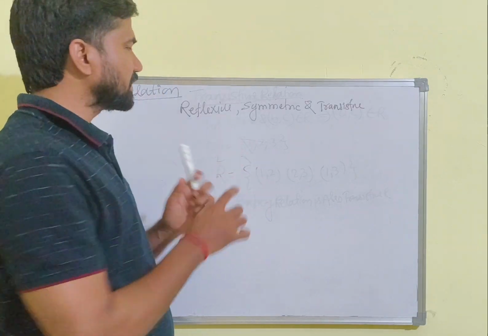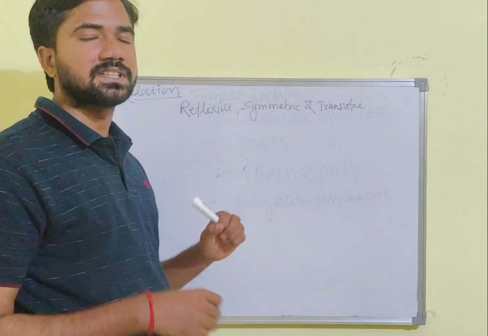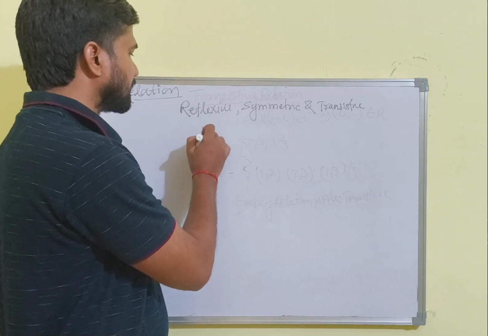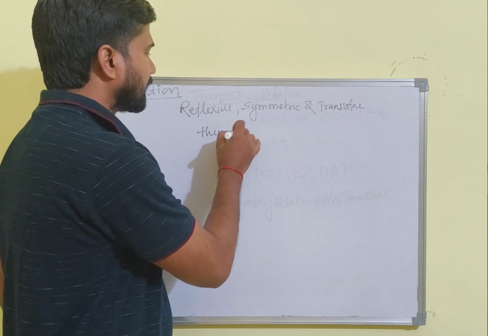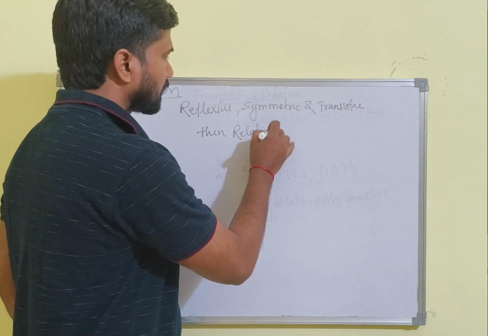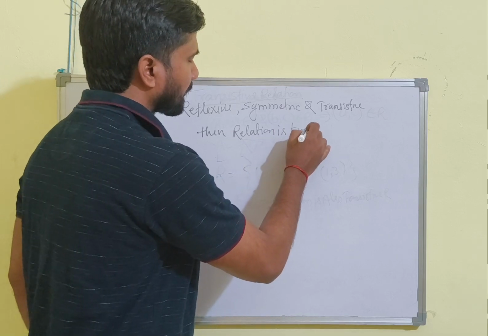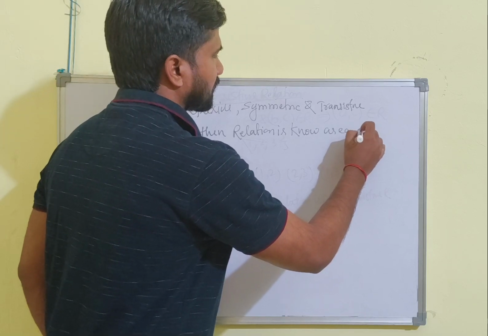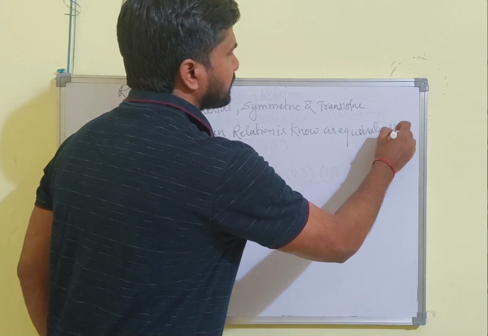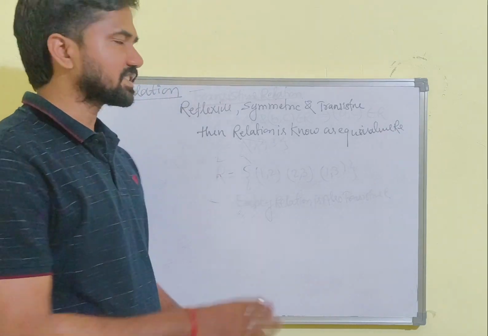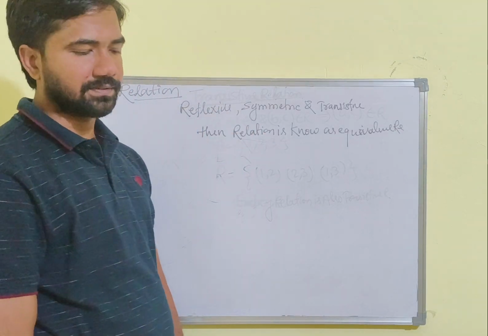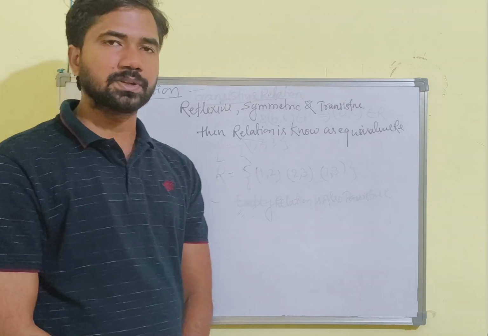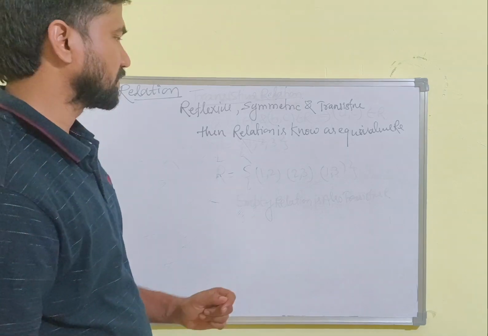If any relation satisfies all three criteria, means it is reflexive, it is symmetric, as well as it is transitive, then that relation is known as an equivalence relation. Means it should be reflexive, it should be symmetric, it should be transitive.